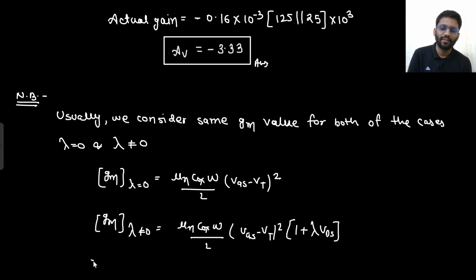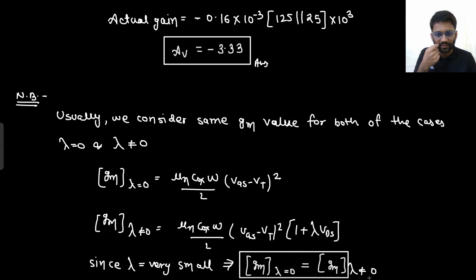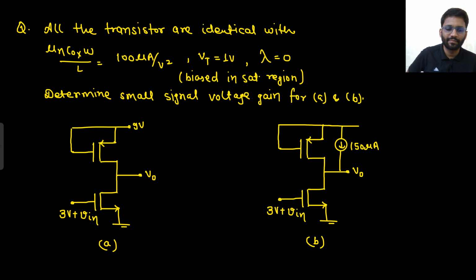So here I can write, since lambda is very small, we can take GM for lambda equals 0 to be equal to GM for lambda not equal to 0. Generally this is the case. Well and good. Let's move on to the next problem.